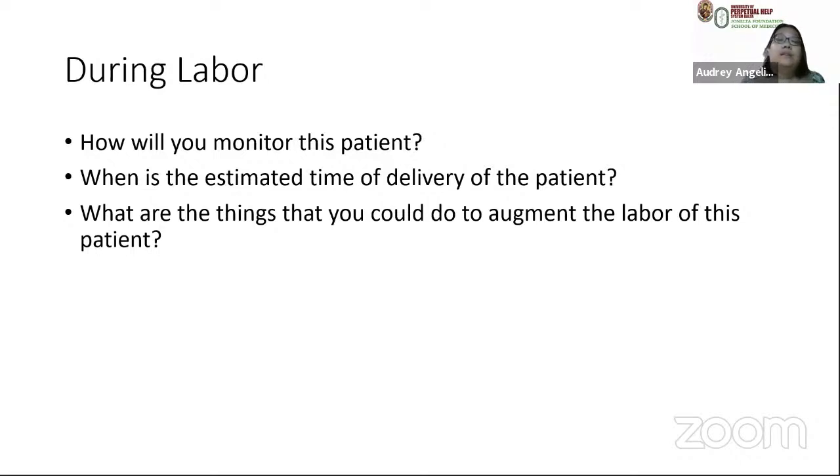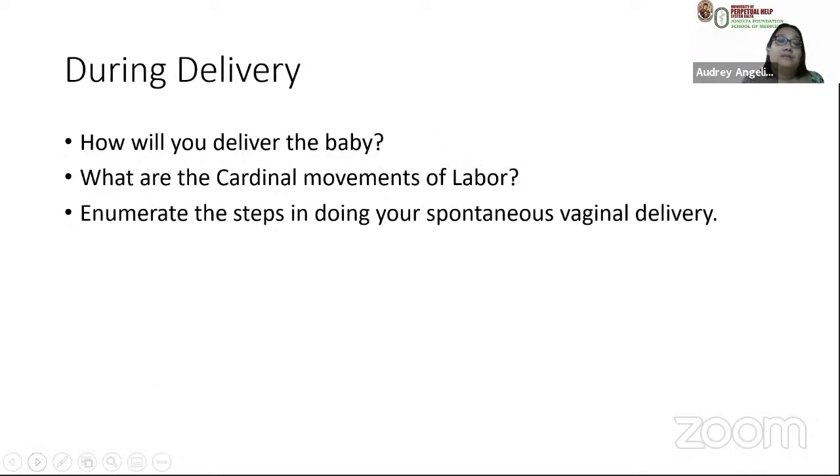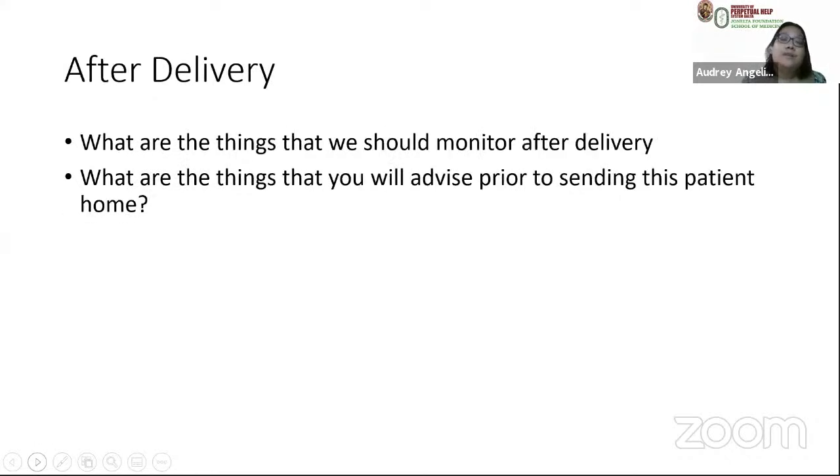Things that you could do to augment, of course, your oxytocics, as you have discussed appropriately. I just wanted to point out the non-stress test and your CTG tracing, because those are the things that you are missing out on because we are not face-to-face.